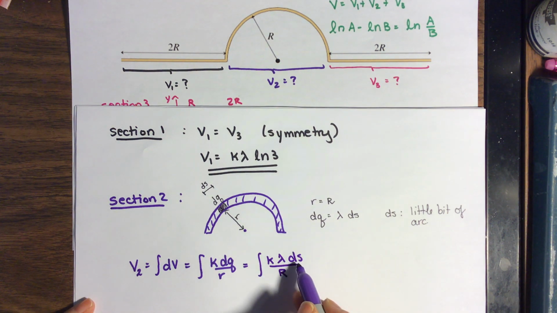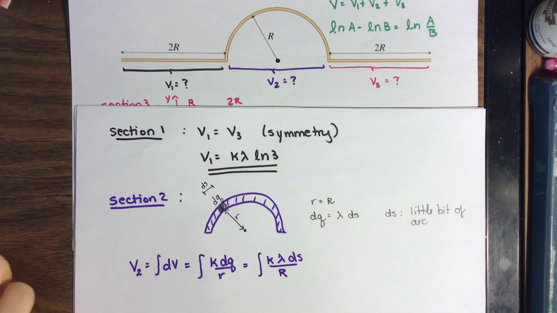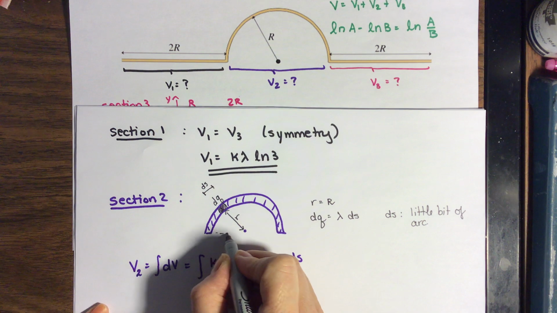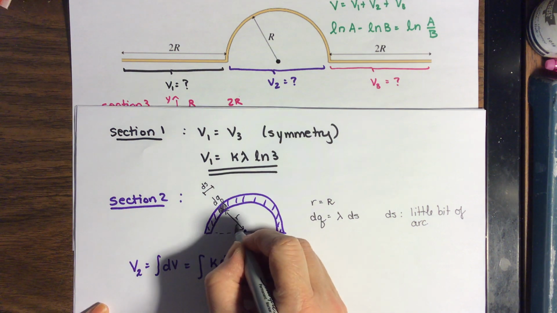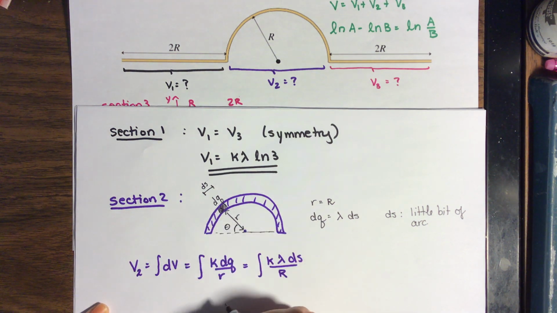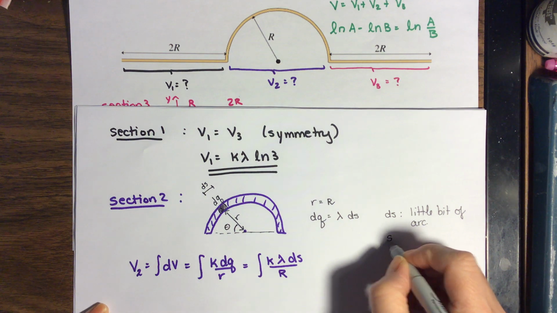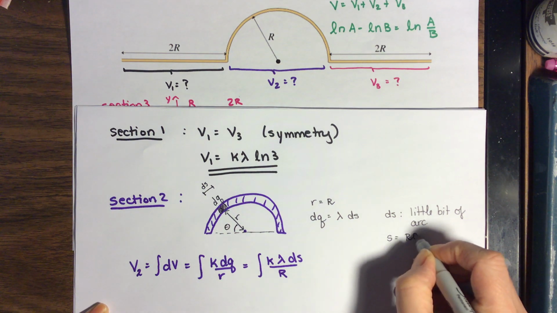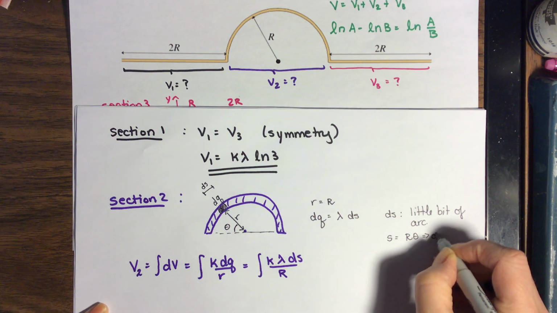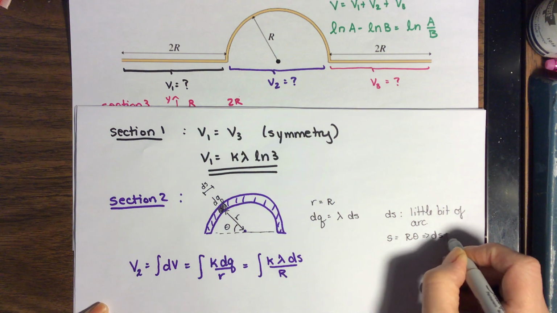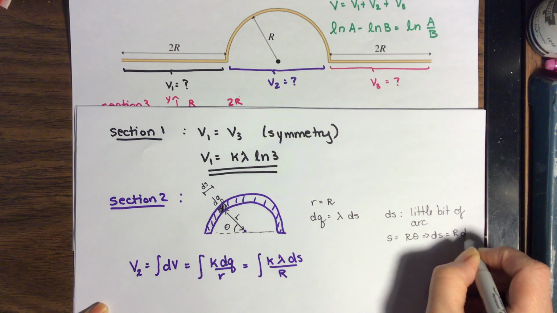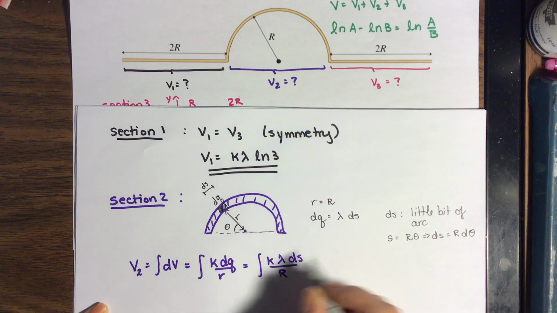One more thing we can do with our s to get our integral is we can ask what is s related to in terms of the geometry of the problem. So if I draw a horizontal line here, I can label this angle theta, and I know that an arc length s is the radius of the circle times the angle. So my little bit of arc length ds is the radius of the circle times the little bit of angle it subtends.